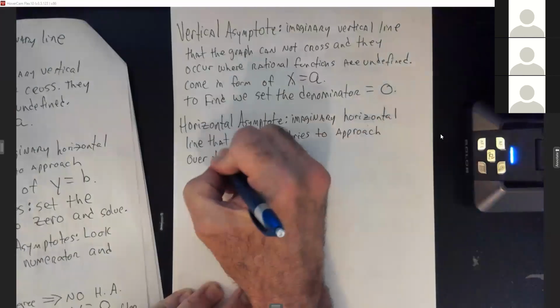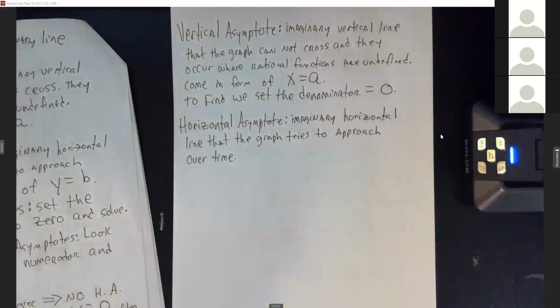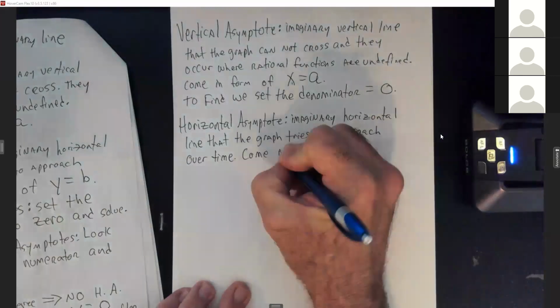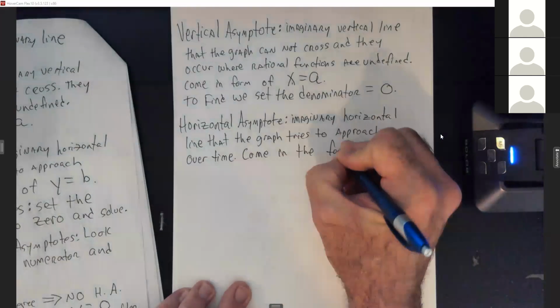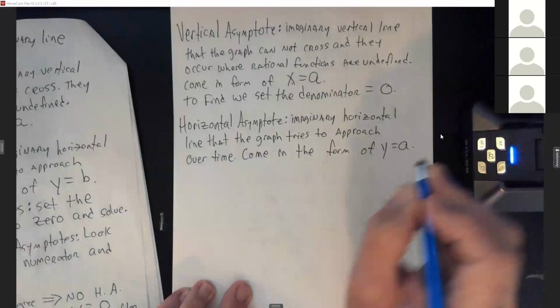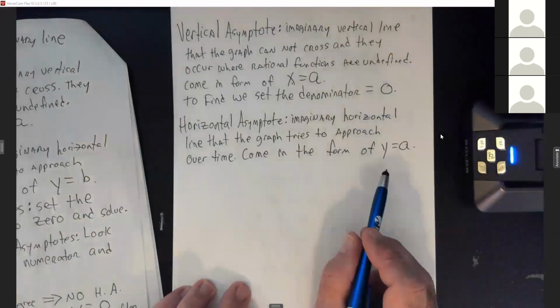So they're saying the more those x's get bigger and bigger, these tend to get towards a certain number over time, okay? These come in the form of y equals some number. So since they're horizontal, it depends on the y's, okay?